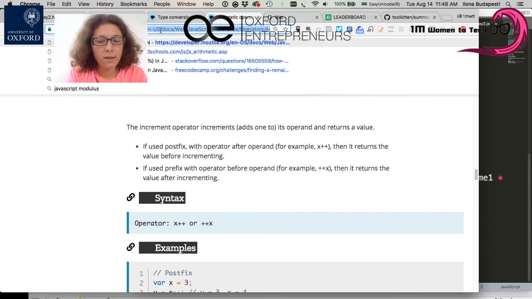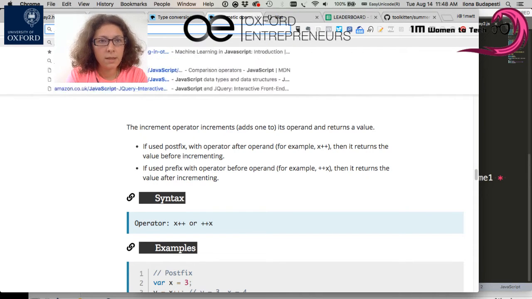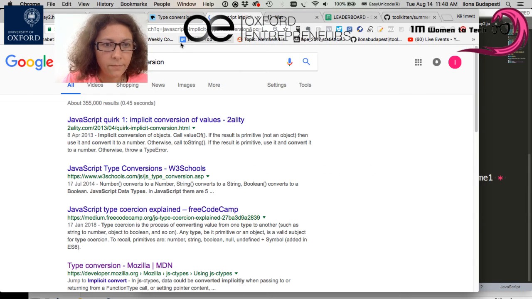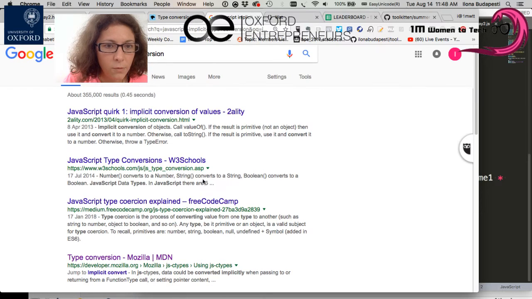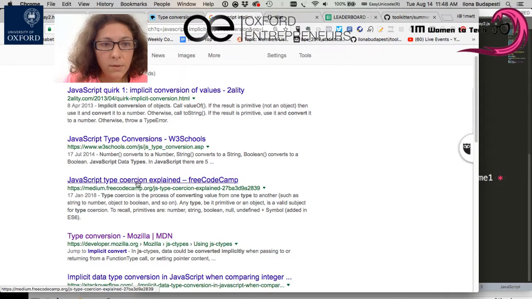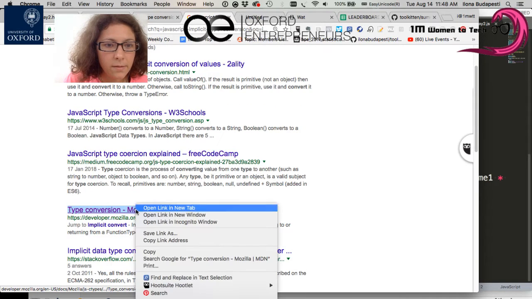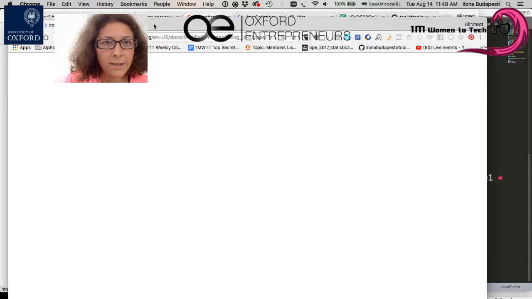Let's just check this. JavaScript implicit type conversion. Type coercion explained. This might be good. freeCodeCamp is always pretty good. Well, clearly this is a big problem.